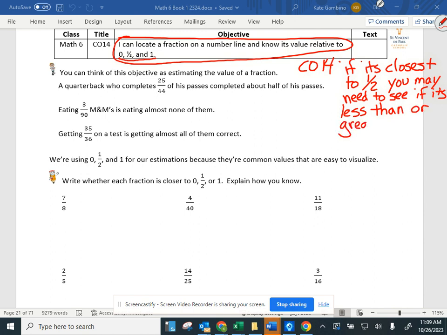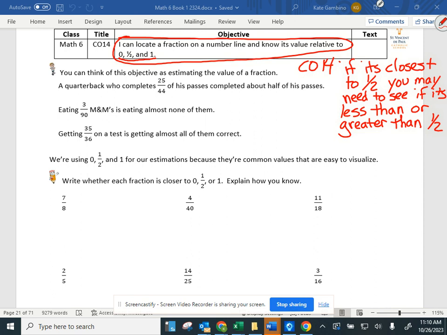Because sometimes we have two fractions that are close to a half, and we need to know then which one is less and which one is more. So if you have two fractions close to a half, always check: is it smaller than a half or is it bigger than a half?